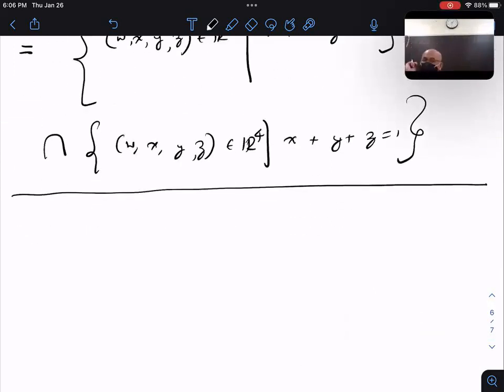Anyway, the point that I want to make is that you can look things up on the internet, but you will have to cast it into a form that fits the setup that I'm describing to you. Otherwise, you will not get any points. I saw an awful video of someone calculating the volume of the intersection of 3 cylinders.